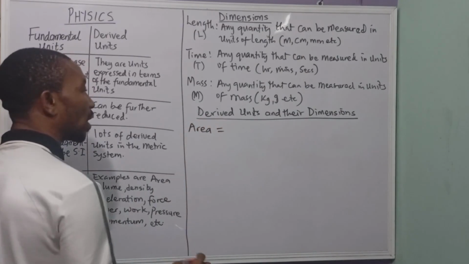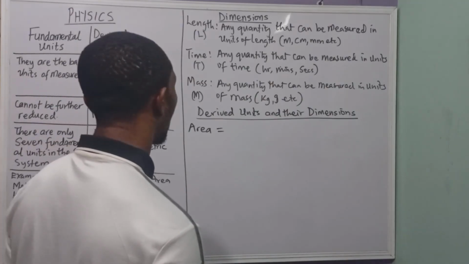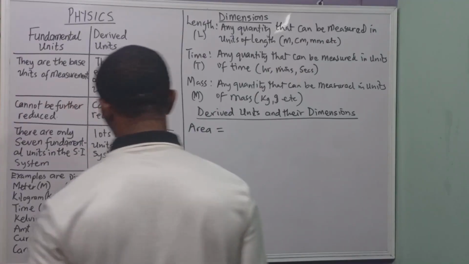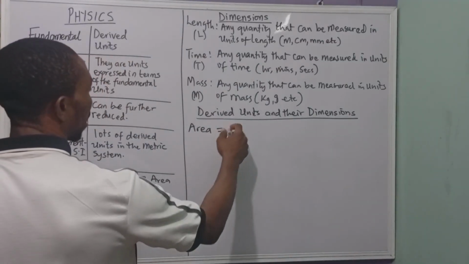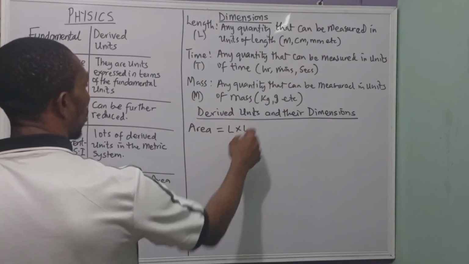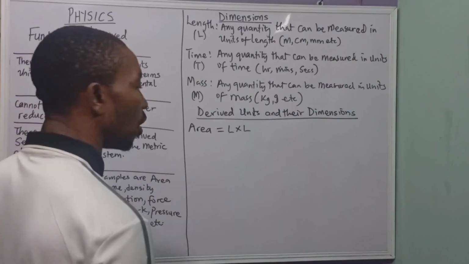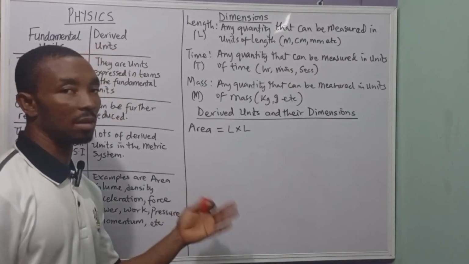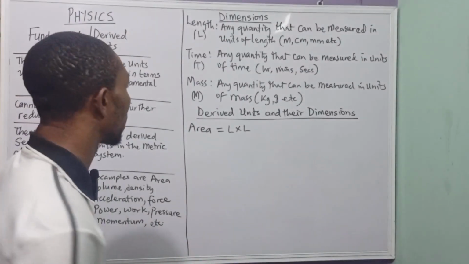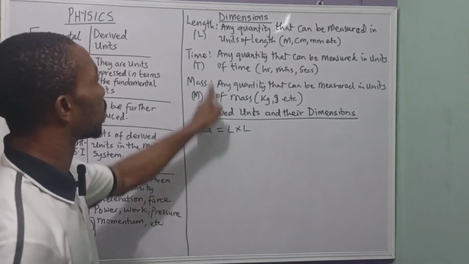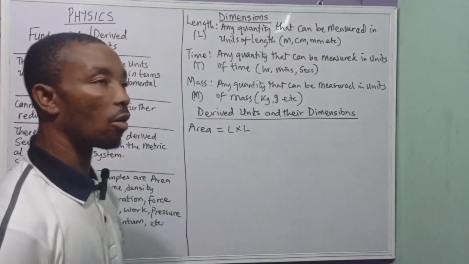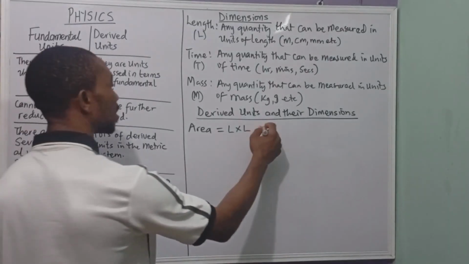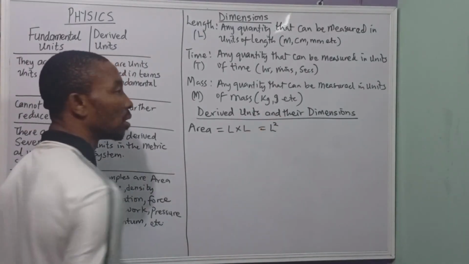We know that area is length times length. The area of a square or rectangle is length times breadth. This L represents a quantity measured in meters, so we have L squared.